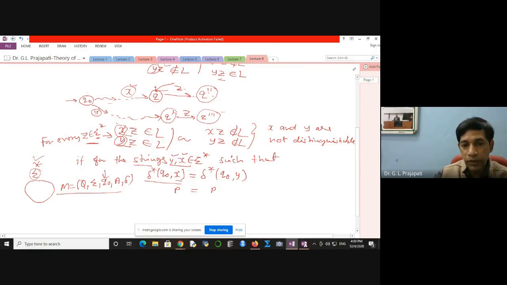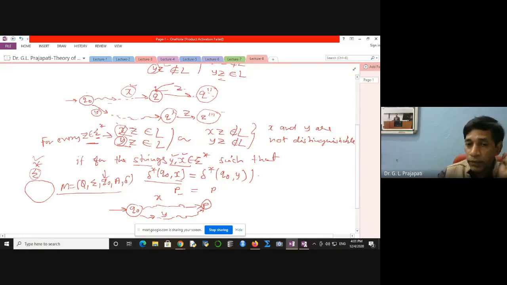If you have two strings y and x taken from sigma star such that this condition is met, starting from the initial state q0, for the input string x you are going to the state p, and from the initial state q0 for the string y, you are also going to the same state.